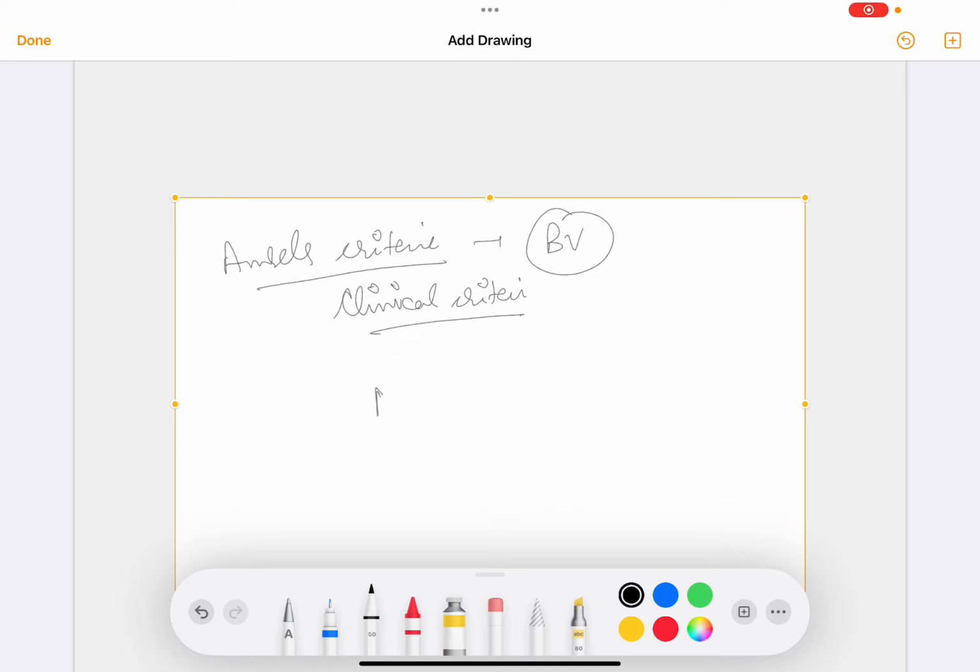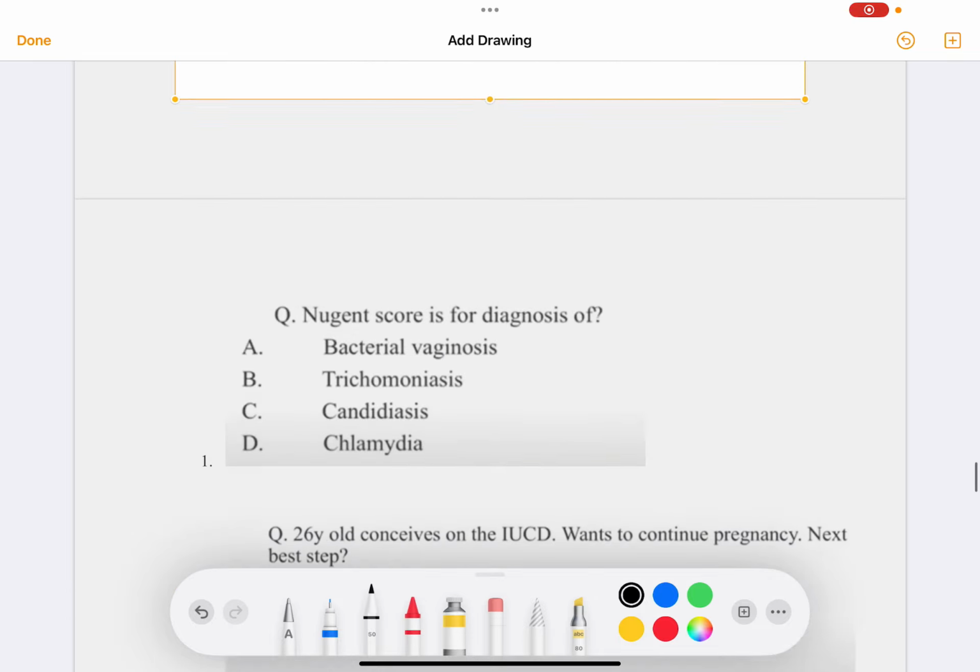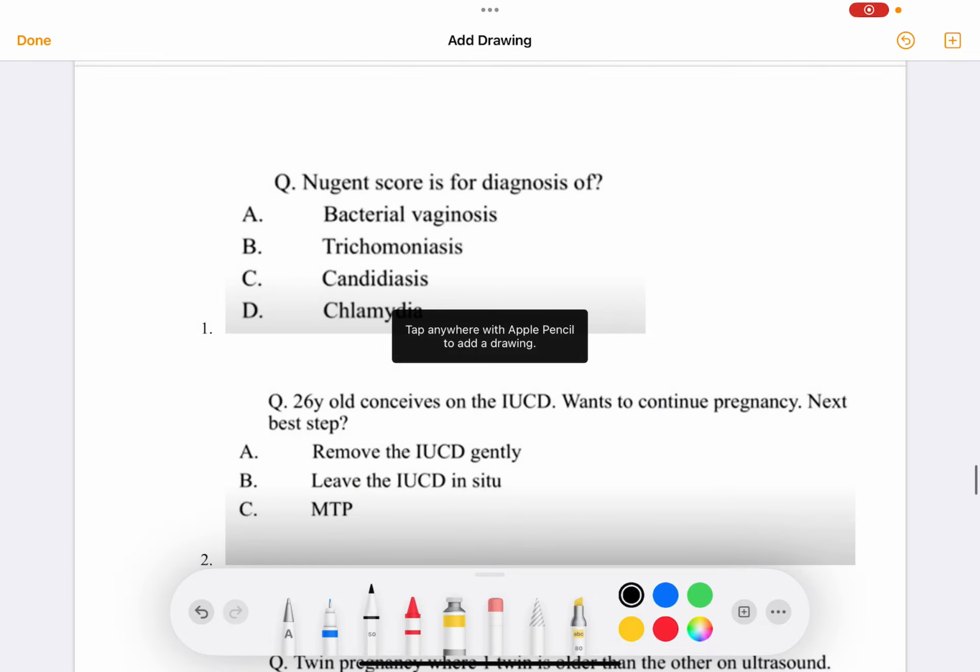The second is the Nugent score, which the pathologist and the microbiologist do in the lab. Nugent scoring also talks about bacterial vaginosis. So the direct question has come, and the answer will be bacterial vaginosis.